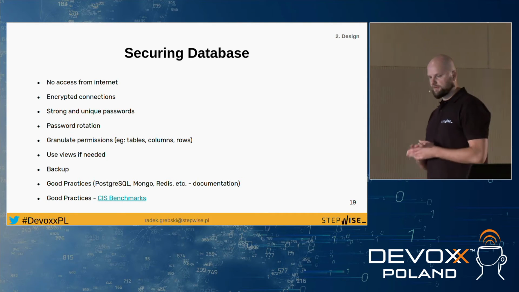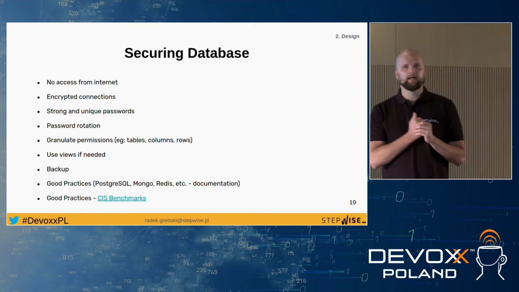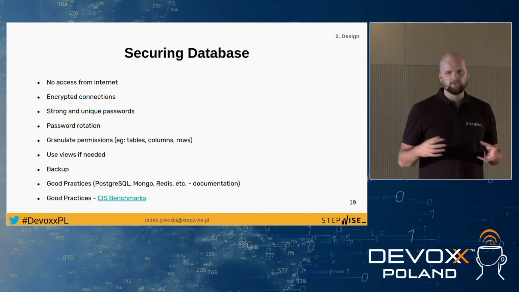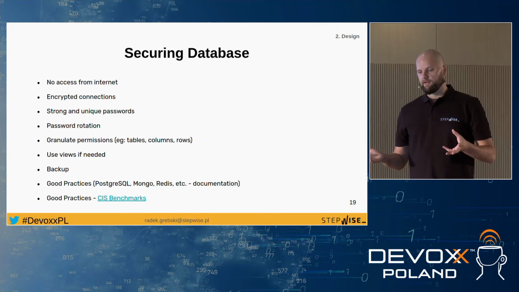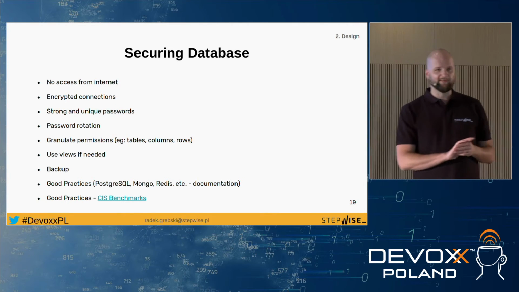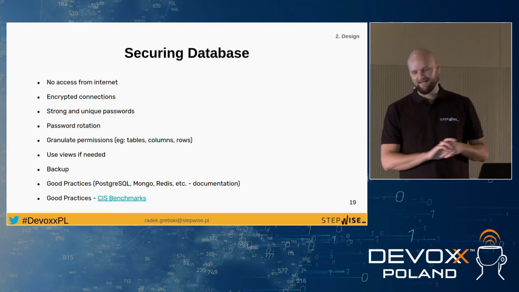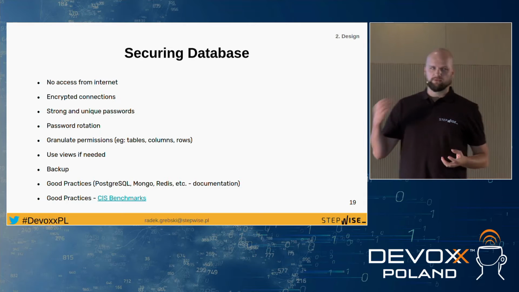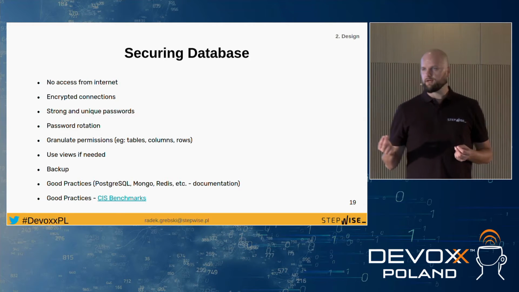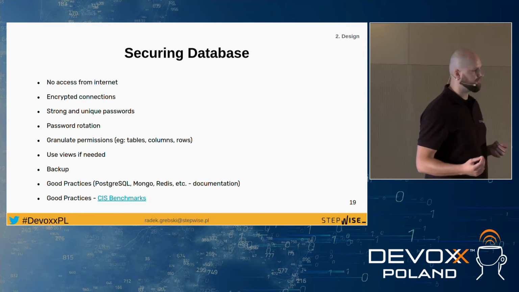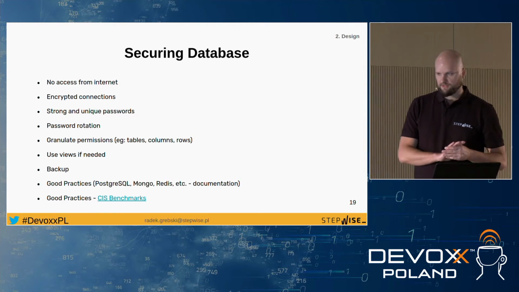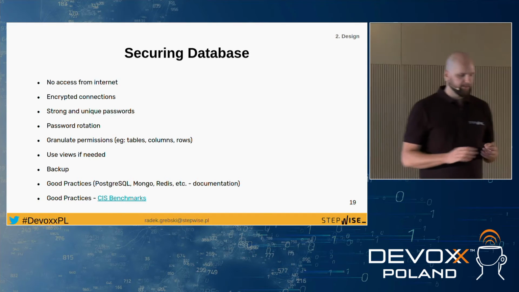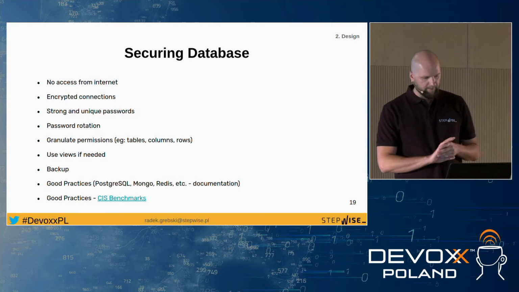And we should also back up our database or other external systems, and we should have a document saying how to restore the backup. And we should try that procedure very often, just to be sure that in case of a crash or some situation, we are still able to restore the data from the backup.